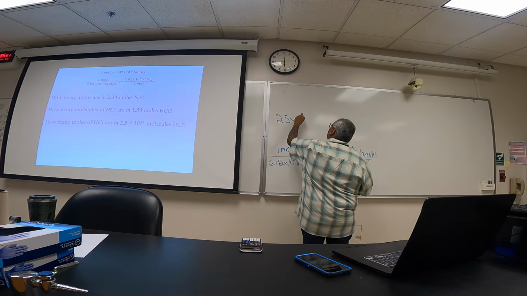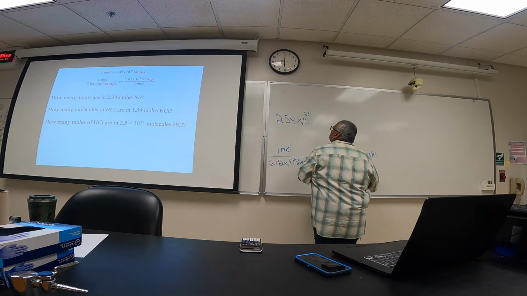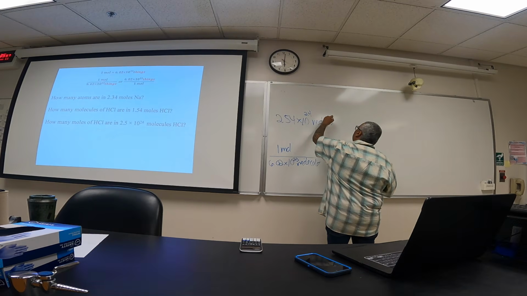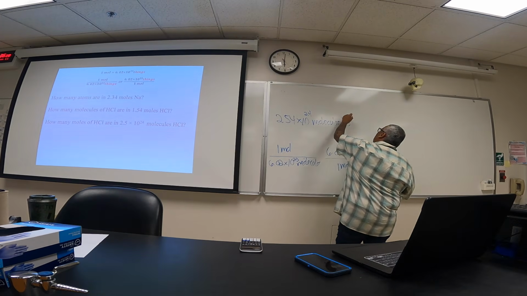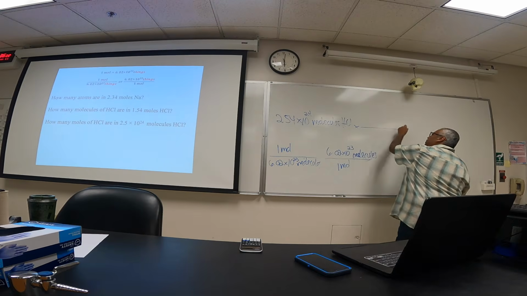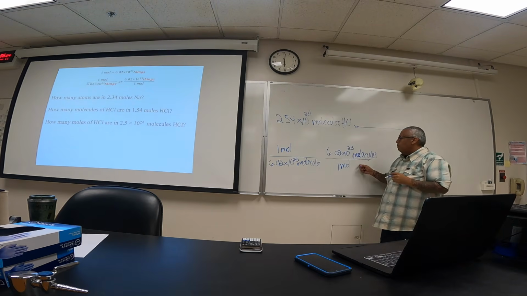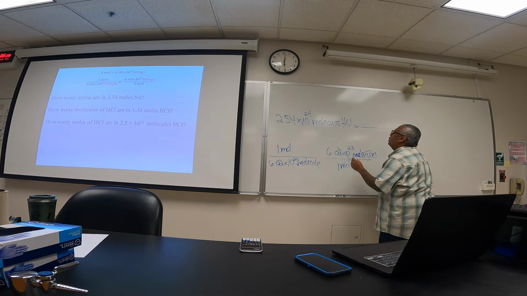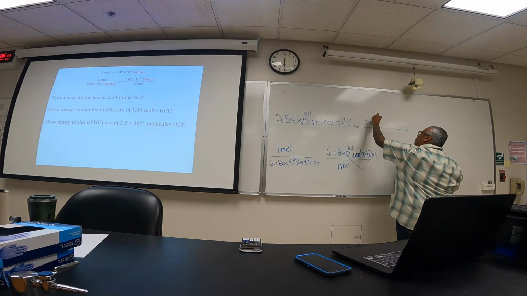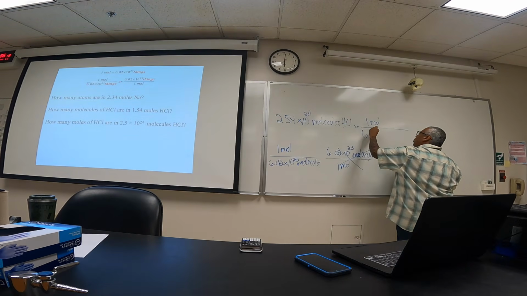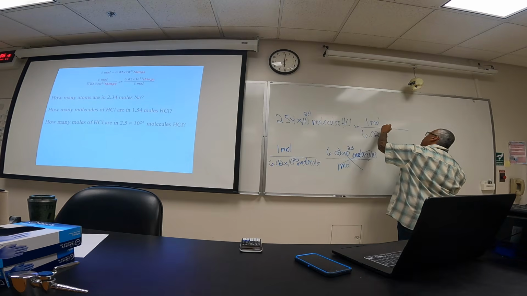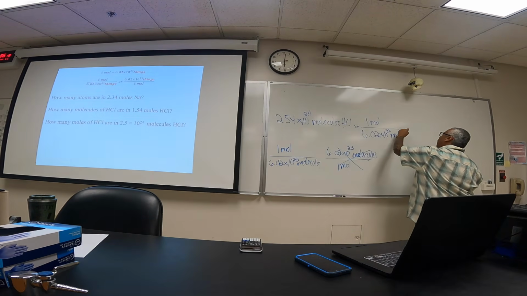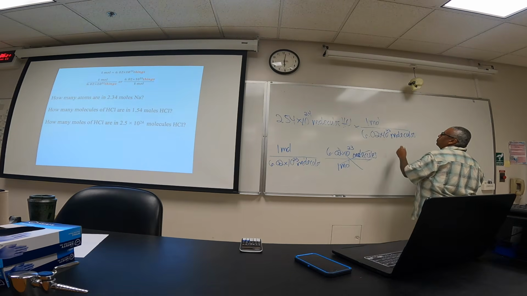So we're going to have 2.54 times 10 to the 24 molecules hydrochloric acid, and it's asking us for moles. So we're going to need this one this time. We have 1 mole over 6.02 times 10 to the 23 molecules.